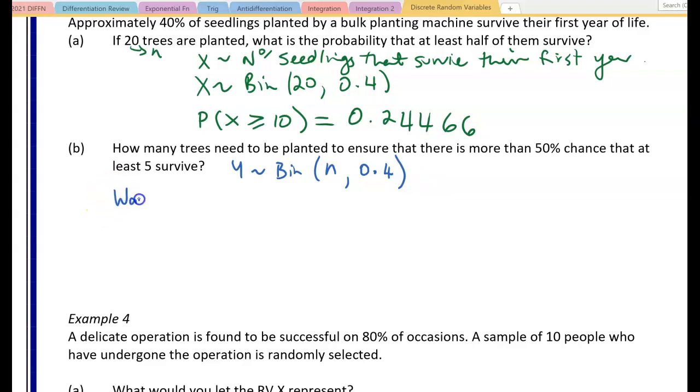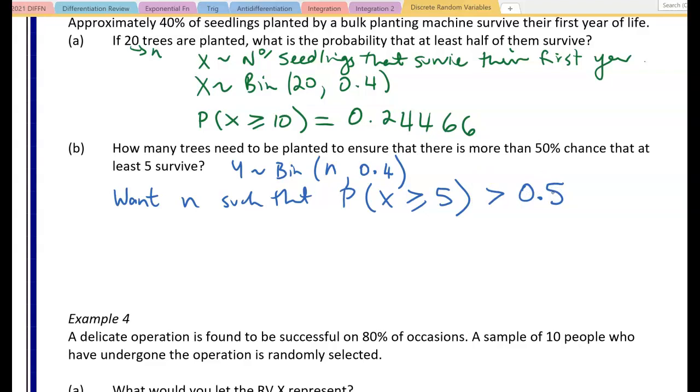So we want n such that the probability that X is greater than or equal to 5, so we want at least 5 surviving, is greater than 0.5, more than 50%.